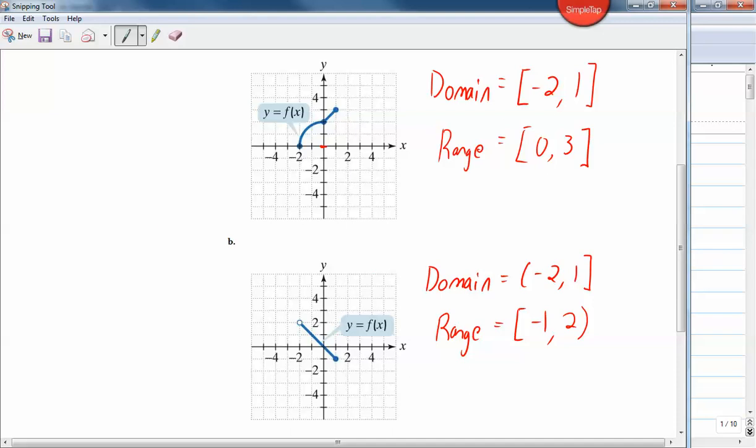So that's how you find the domain and range of a function if you only have the graph. And believe me, sometimes it's easiest to tell the domain and range of a function if you have the graph. It's when you just have the equations that it can be a lot more difficult.